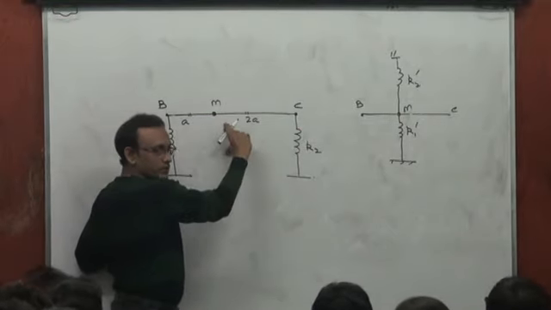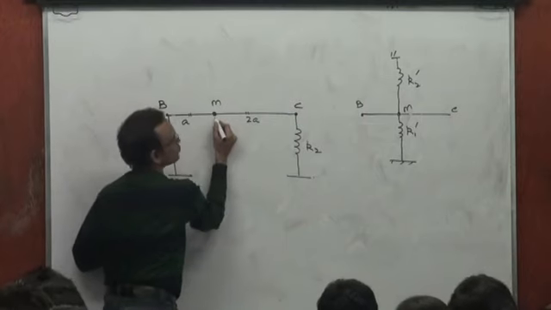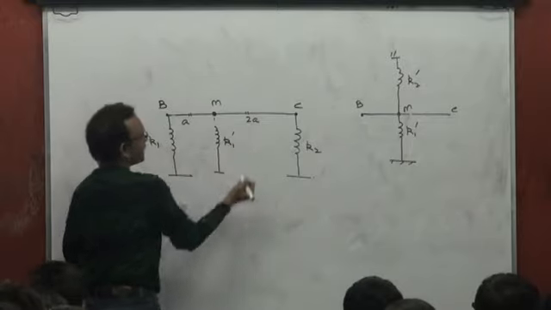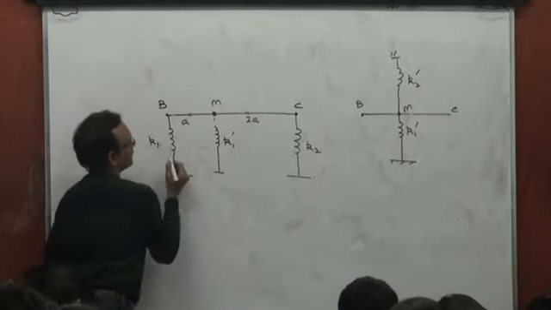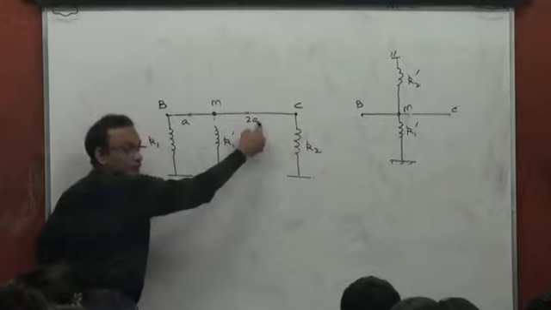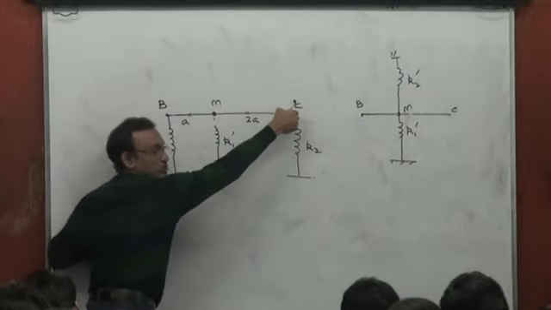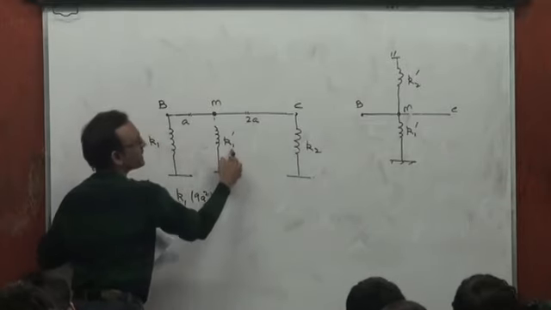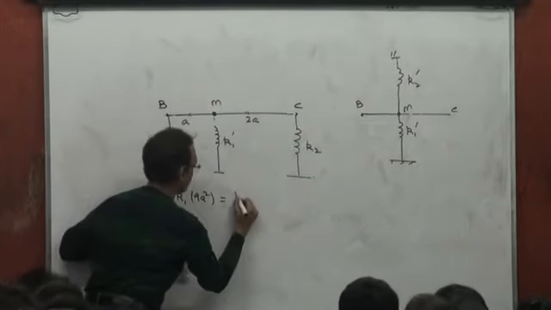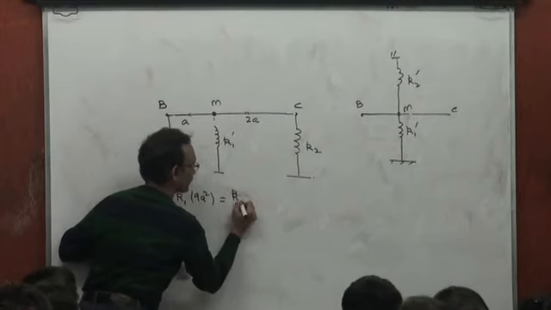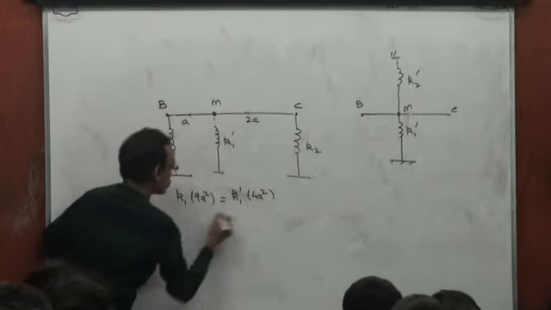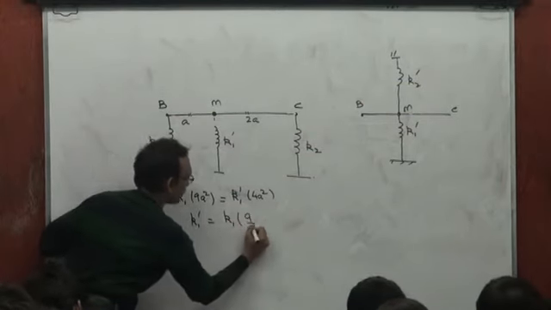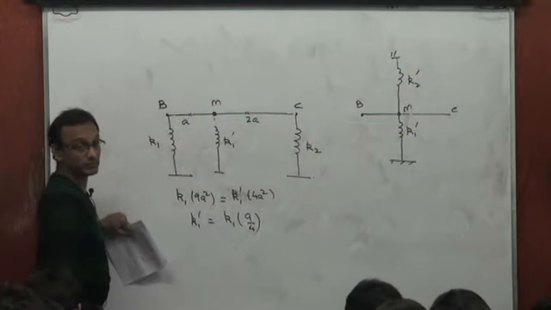When you cause K1 to go down here, bringing it to K1 prime, then very clearly, taking torque about C, K1 into 9a squared must be equal to K1 prime into 4a squared. So K1 prime turns out to be K1 into 9 by 4.